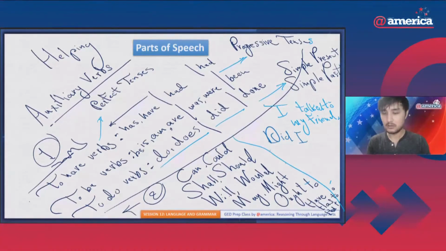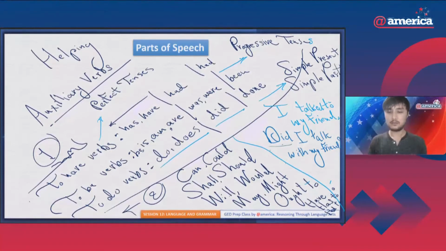We use the base form of the main verb. Did I talk with my friend? And then add a question mark. So, did I talk with my friend?